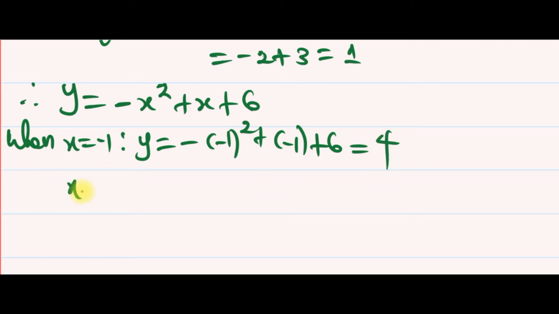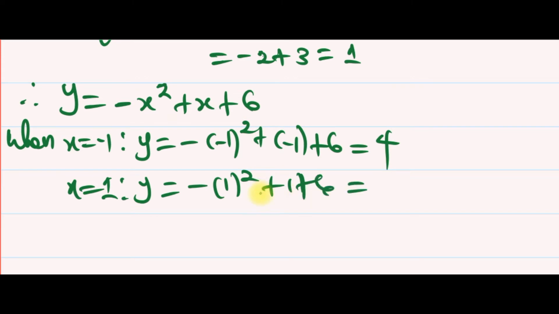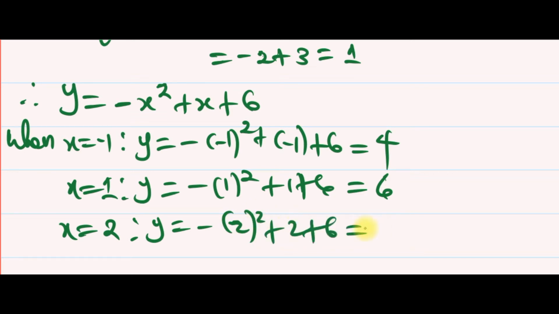When x is 1, y is minus 1 squared plus 1 plus 6. This is 6. And finally, when x is 2, y is minus 2 squared plus 2 plus 6.